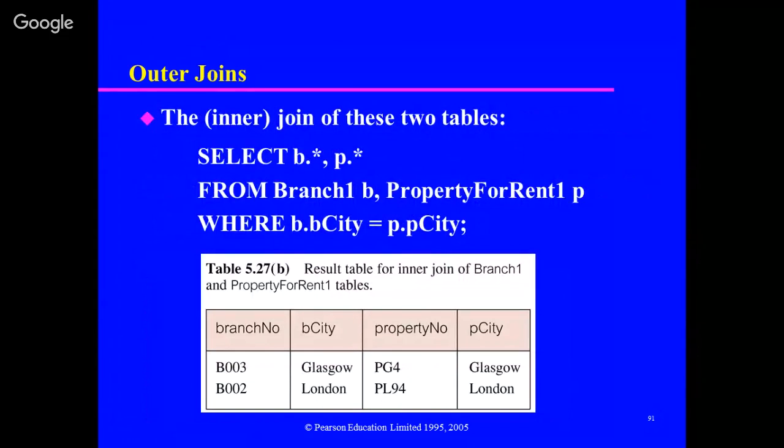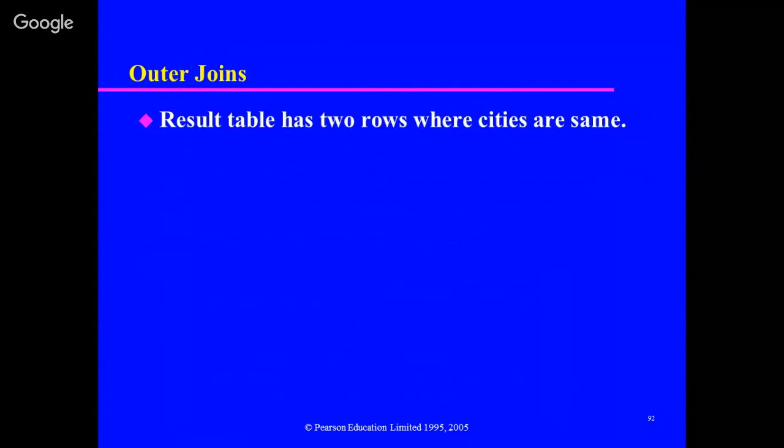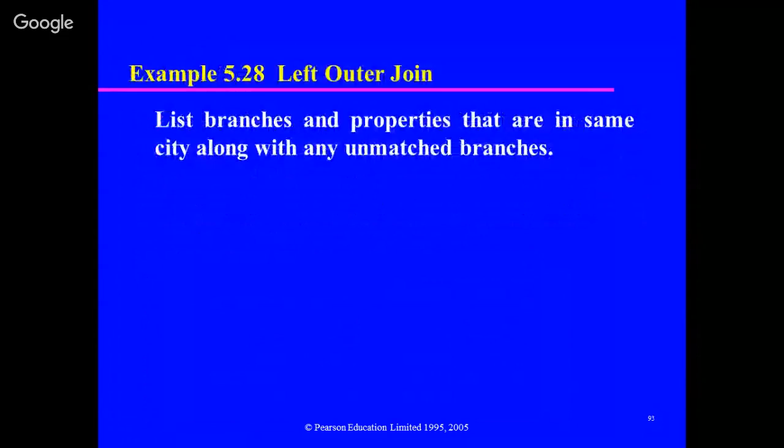That is not visible here. Similarly, the fact that there are no branches in Aberdeen is also not visible here. That is because there are no matching rows in the branch table or in the property table. In this situation, we would want to do what is known as an outer join. Let me show you the output straight away.